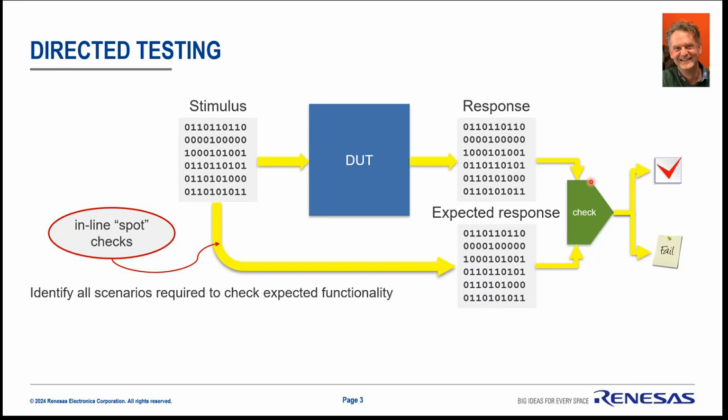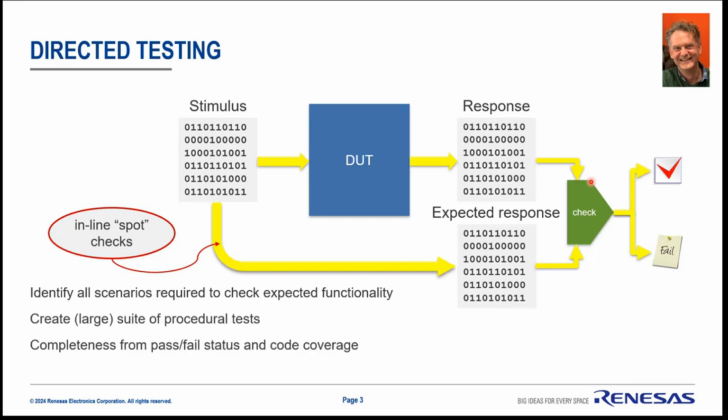So in order to do that, first of all, you'd have to work out what scenarios we need to check the expected functionality. Then we'd have to create those tests, one by one, and the completeness in terms of verification would be based upon pass-fail state of those tests, and potentially code coverage is another metric we could use to assess our closure.